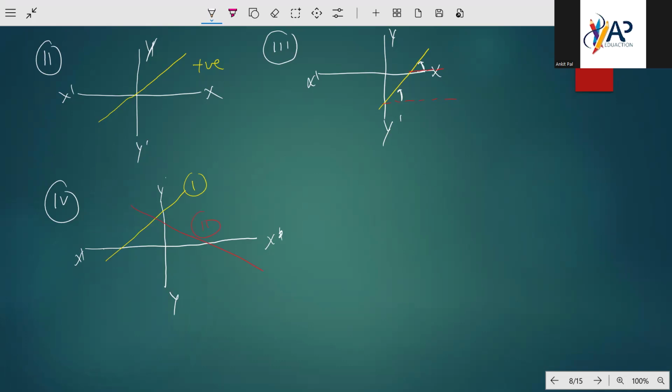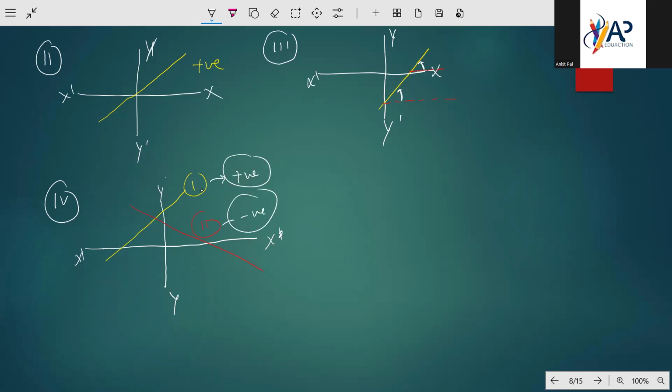Tell me which graph is positive or which graph is negative. The first is positive and the second is negative. Very good. The first graph is positive and the second graph is negative.